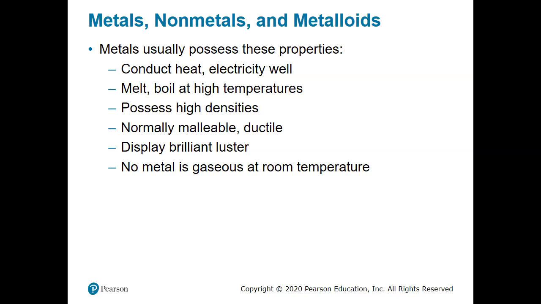Metals are dense. They're heavy. They tend to possess high densities. They are generally malleable, meaning that it's flexible in terms of if I hit it with a hammer, it'll start to spread out and thin out into thin sheets.